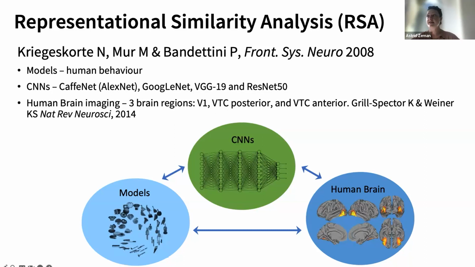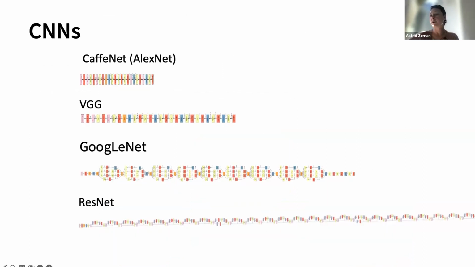And given this technique, representational similarity analysis, we can compare the models with deep neural networks and with fMRI data. And here we used V1, I think VA17, same area, as well as anterior and posterior ventral temporal cortex. We analyzed 4 networks which have different lengths, different number of layers.